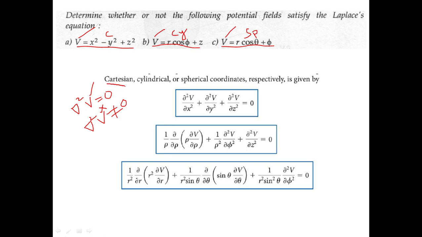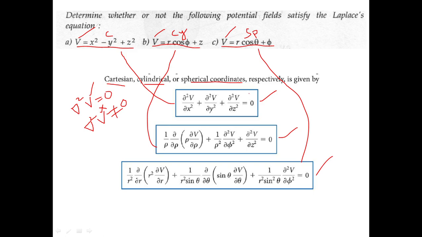Now, the Laplacian in Cartesian, cylindrical or spherical coordinates is given respectively by these formulas, which you have to note down. Anyway, we had discussed this in the previous lecture, right? You have to apply this formula for Cartesian, this one for cylindrical, and this one for spherical.